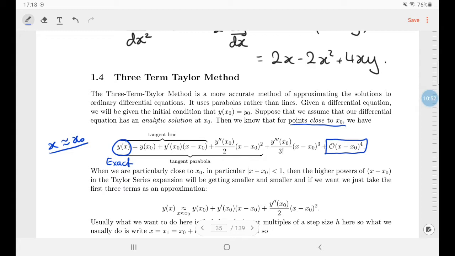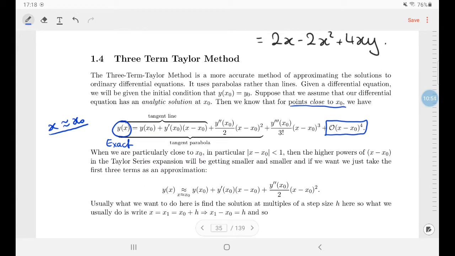When we're particularly close to x0, what we're thinking here is when we have an x1 that's just a step size away, so x minus x0 is less than the step size.